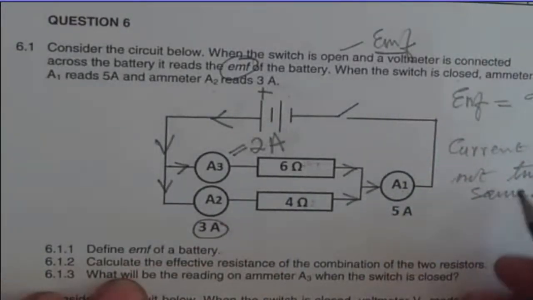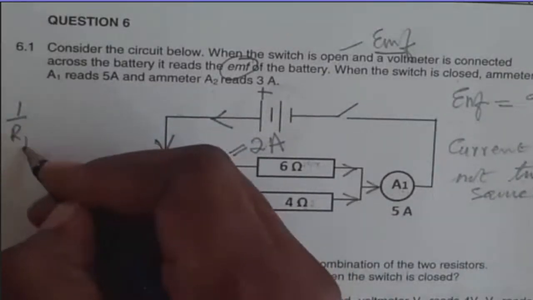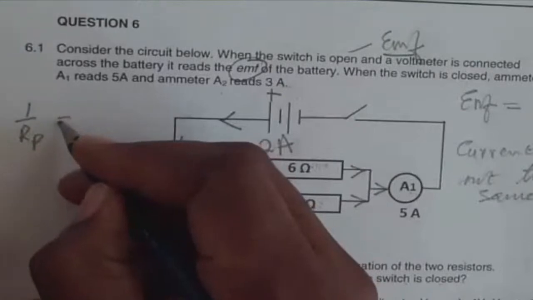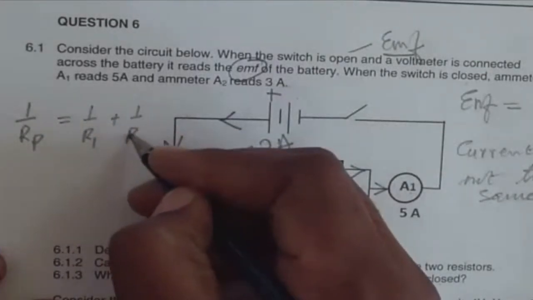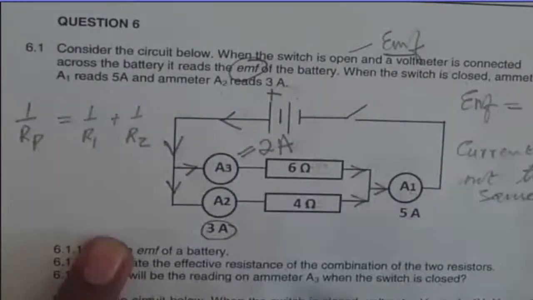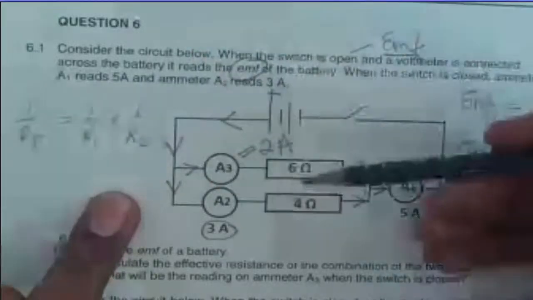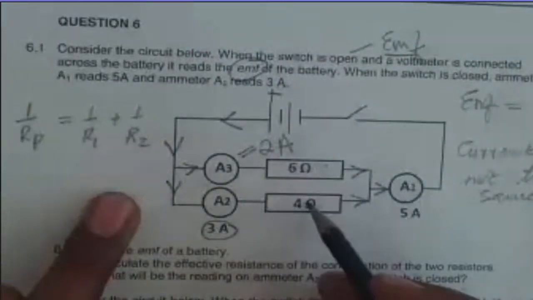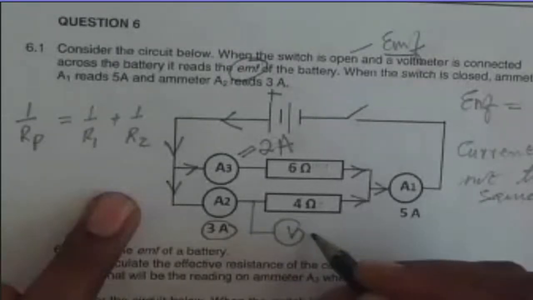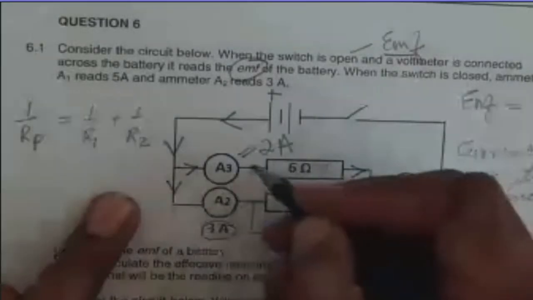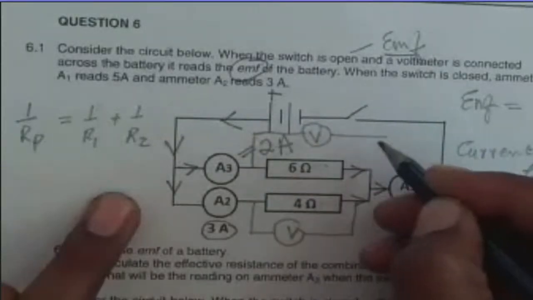But what is the same in a parallel combination? If you look at this formula, Rp, R1, and R2, what does that one at the top indicate? For you to remember, in a combination, I can connect the voltmeter at the top.